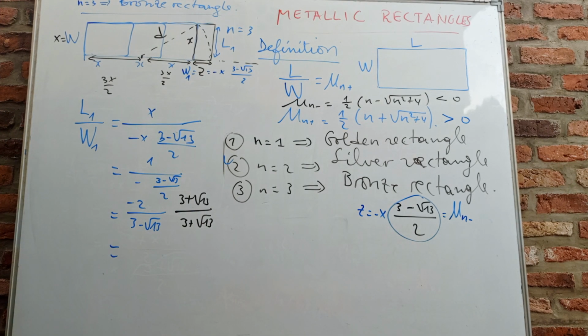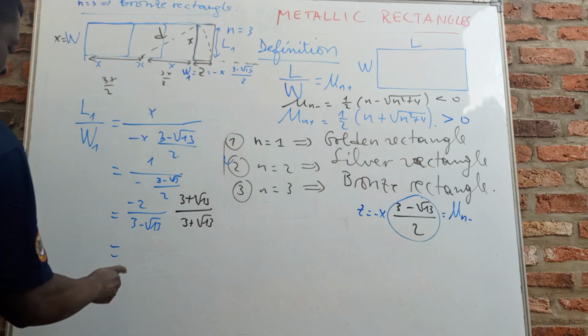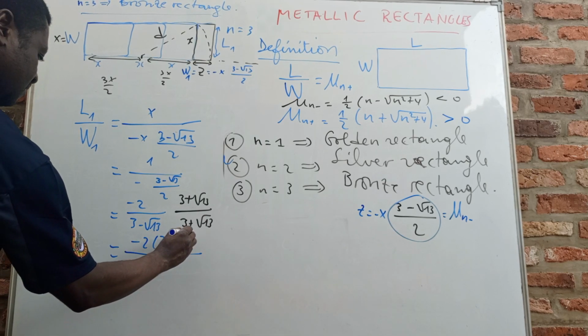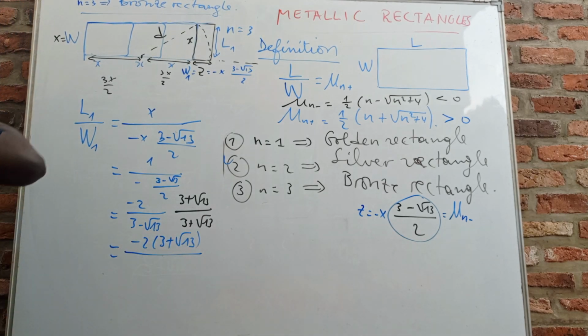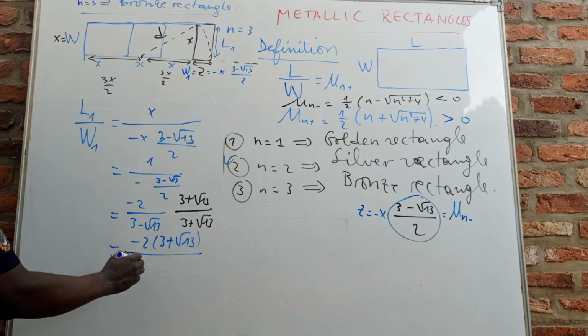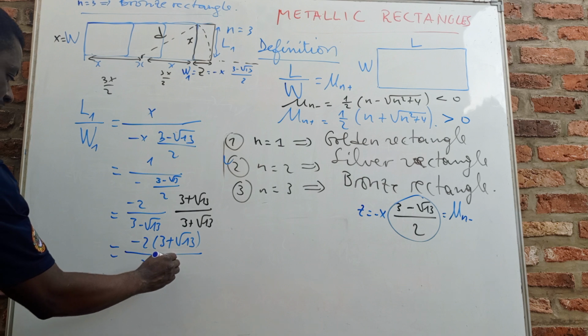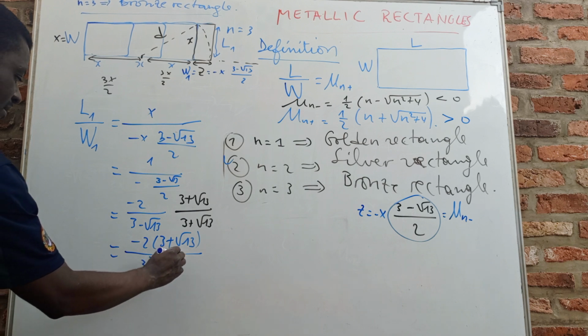So what do I get here? In the numerator, I get negative 2 times (3 plus square root 13), over 3 squared minus square root 13 squared.